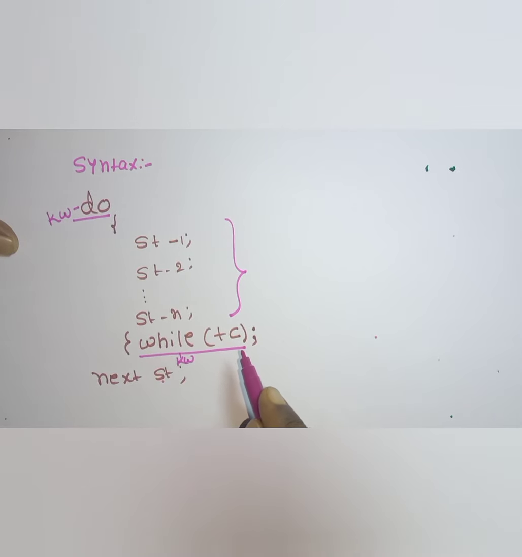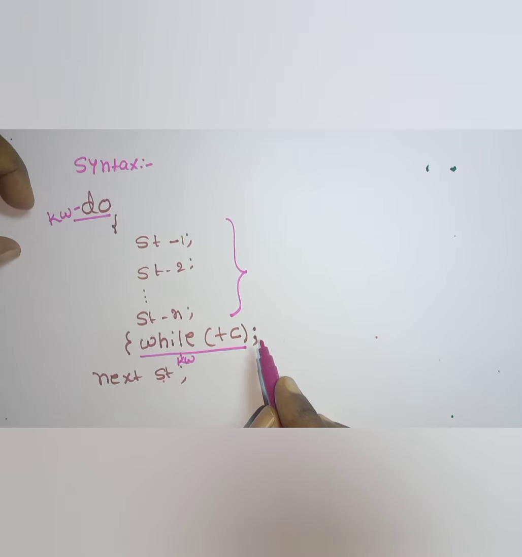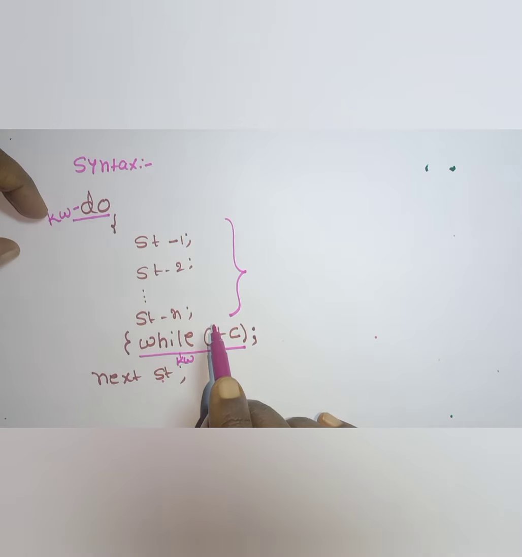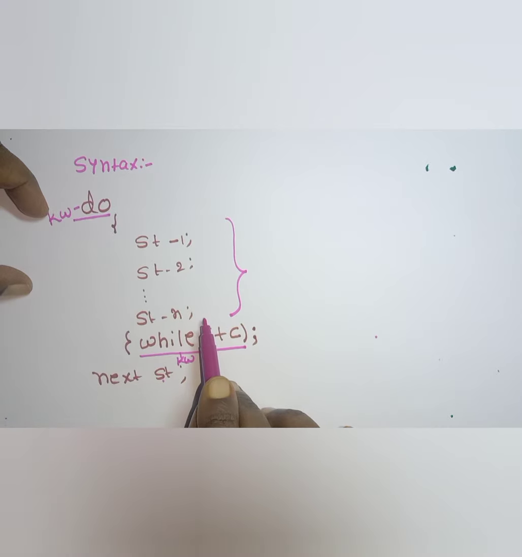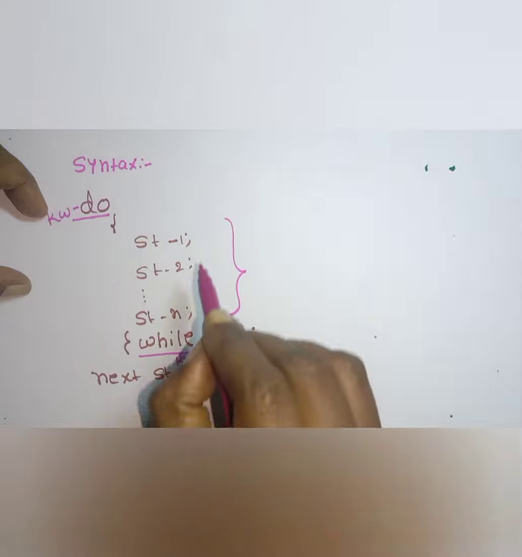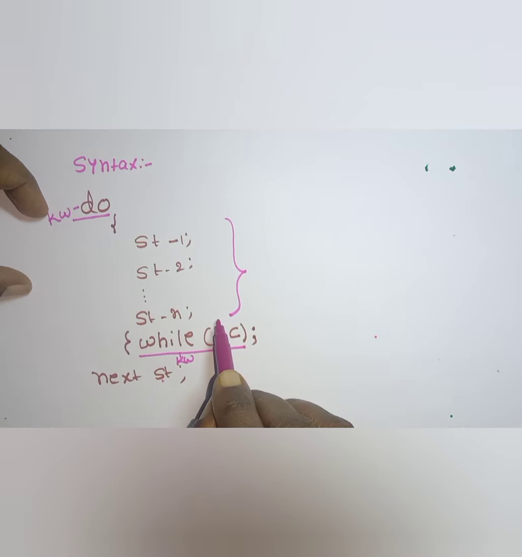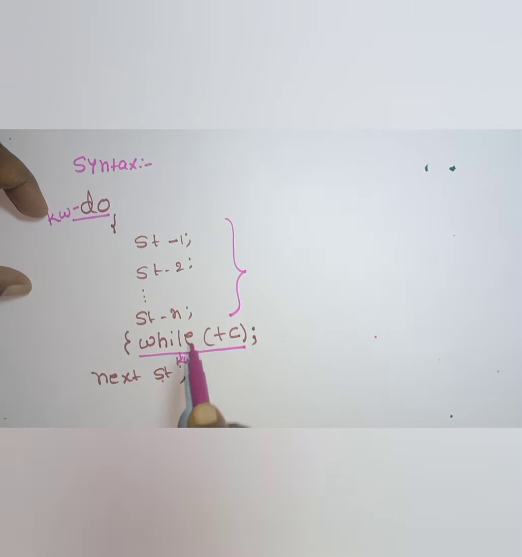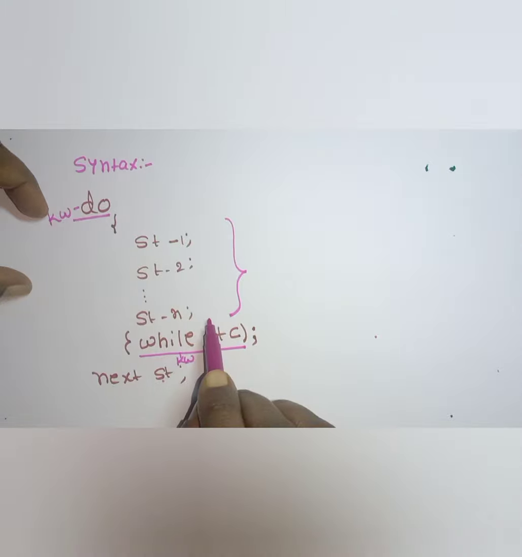How does the execution process work? Before checking the condition, at least once the body of the loop is executed. After executing this body of the loop, it checks the condition. If this condition is true, once again it executes this body of the loop. And again after executing, it checks. If it is true, it executes again.